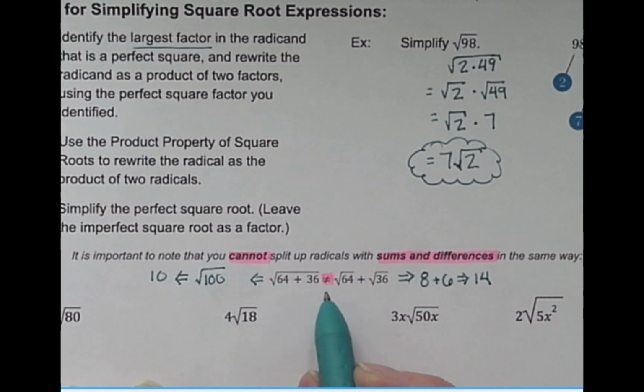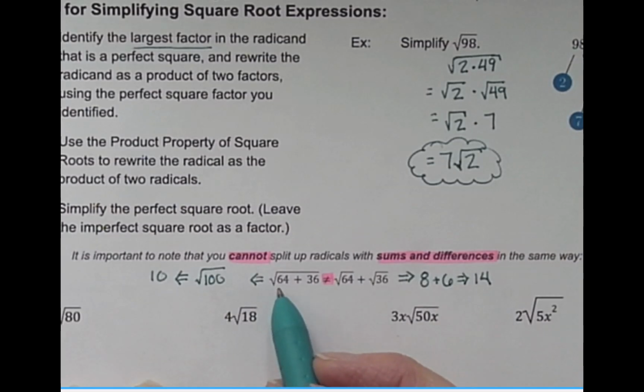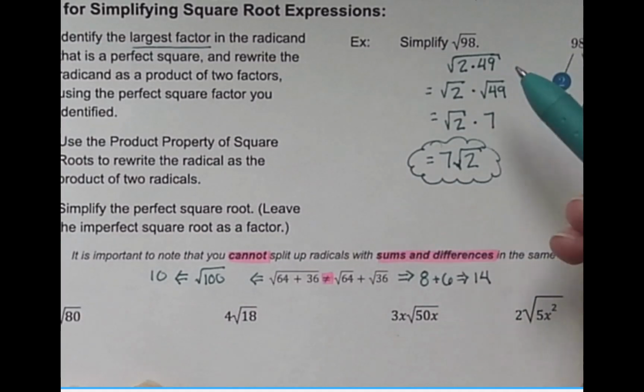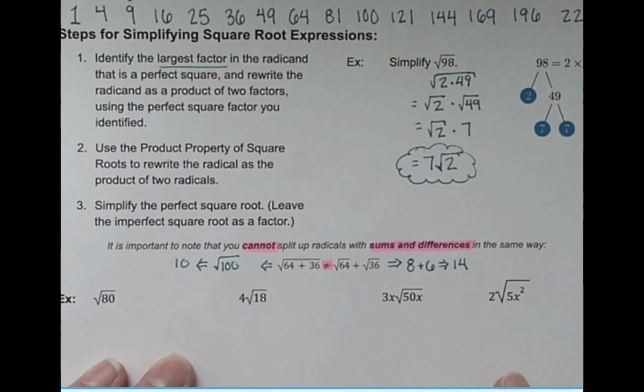So 10 is not equal to 14. And the square root of 64 plus 36 is not the same as the square root of 64 plus the square root of 36. So I can do it when I have things multiplied together, but it doesn't work for addition and subtraction. So it's important to note that. Let me zoom back out.